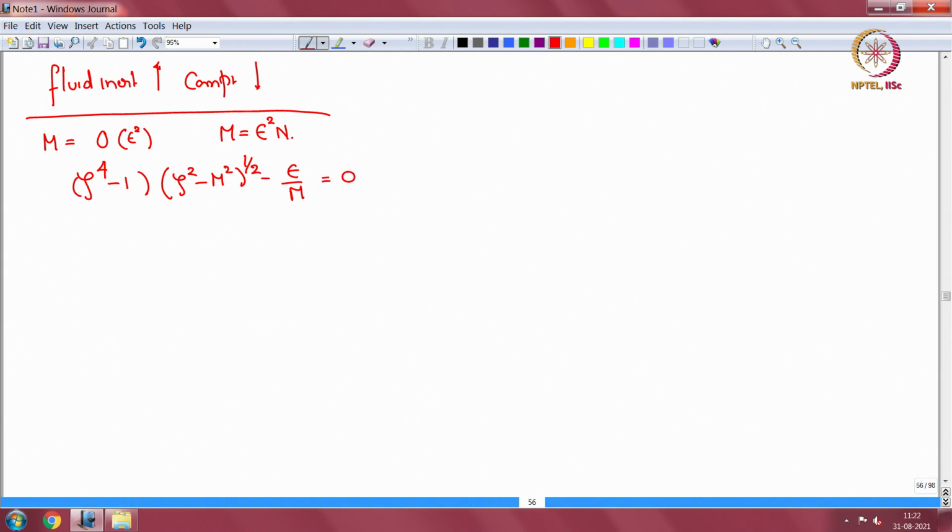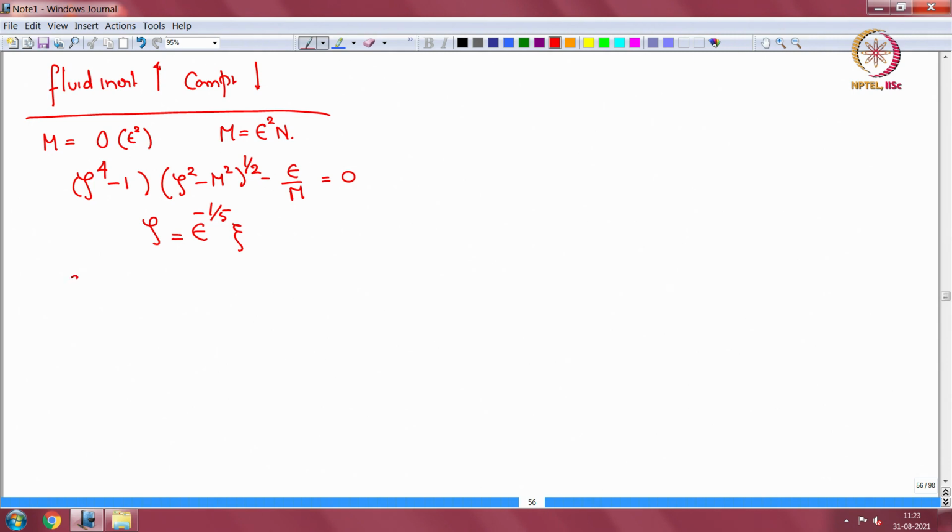In addition, from some prior knowledge, I will replace zeta by epsilon to the power minus 1/5 xi. This balance or idea has come after some trial and error. So if we now do this, what do I get?